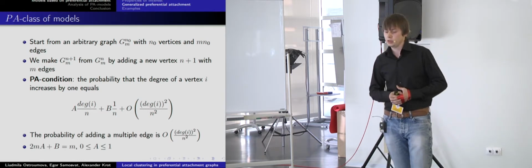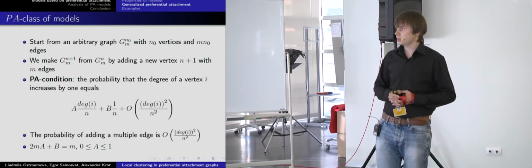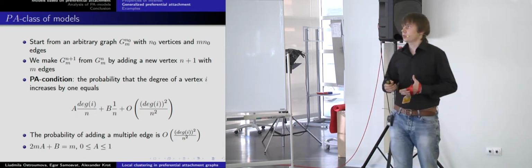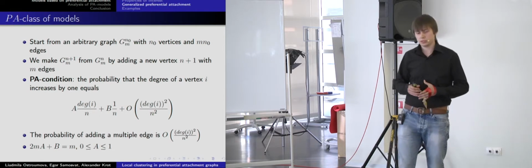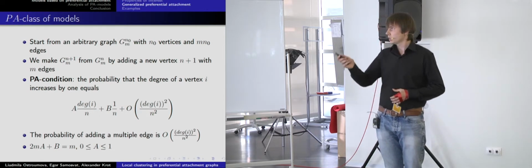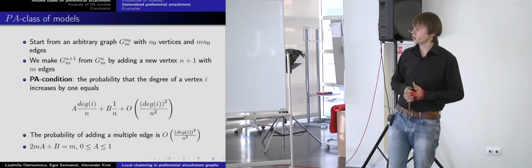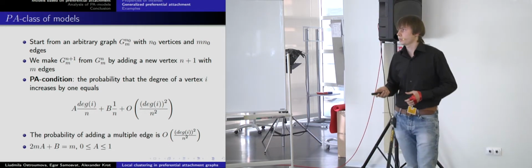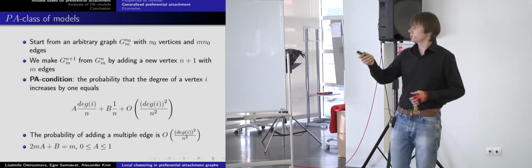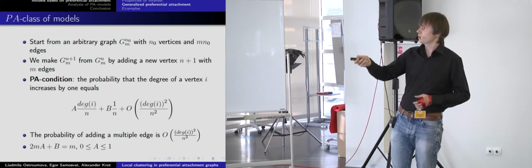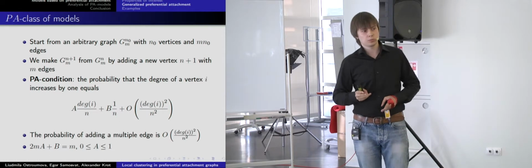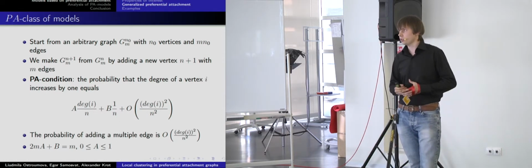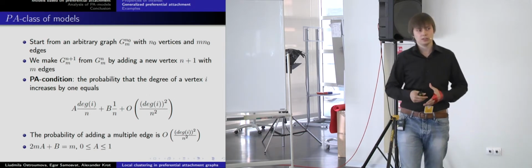As you can see, because we add m edges at each step, and the probability that the degree of a given vertex increases by 1 equals the following expression, it's easy to see that we have such a condition. Basically we have only two parameters. First of all, the number of edges which we add at each step.